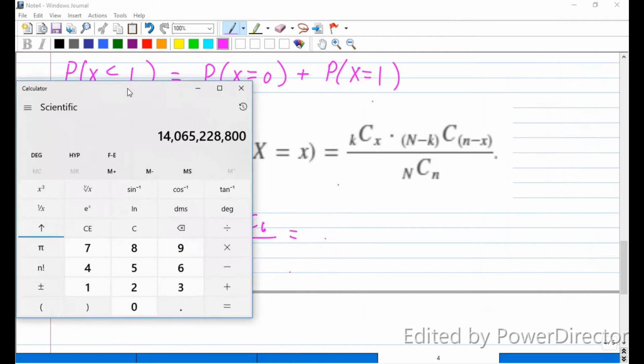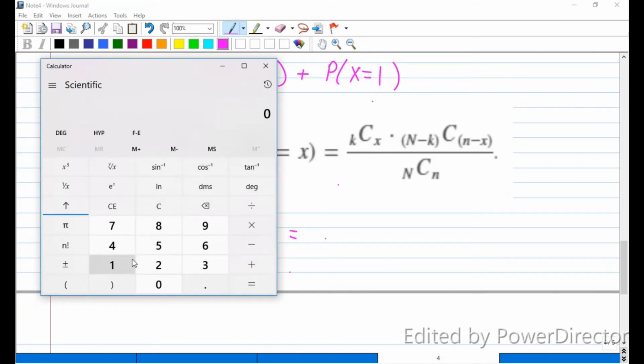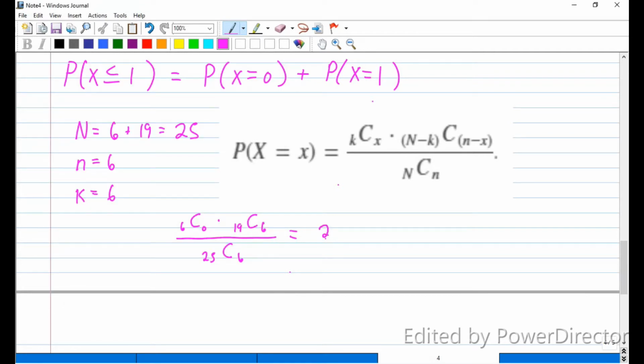I think I pressed times instead of divided. All right, so 27,132 times, well, I'm sorry, we figured out the other one was 1.